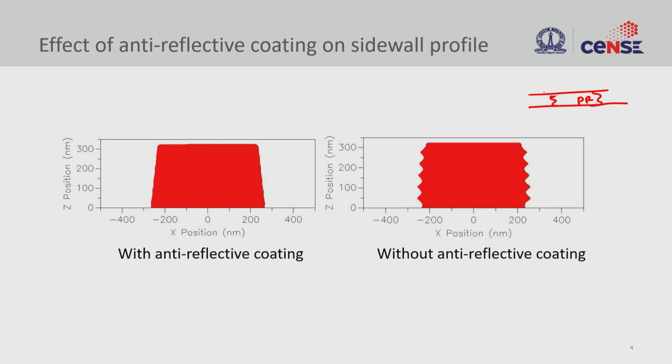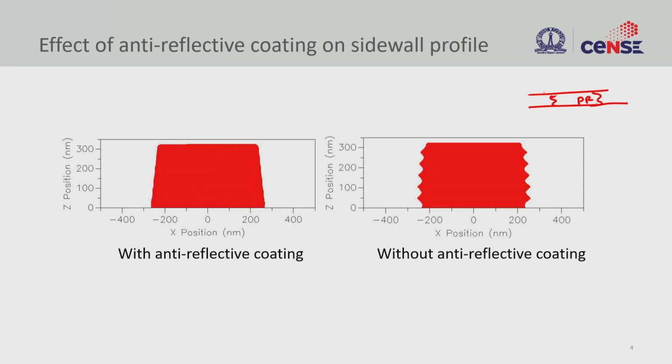So it's not a smooth sidewall anymore, it has a wavy pattern, which is something that you don't want, because you want the sidewall to be smooth, because whatever roughness you have on the photoresist is going to be transferred to the underlying silicon. So you want to make sure your photoresist sidewalls are smooth, okay.